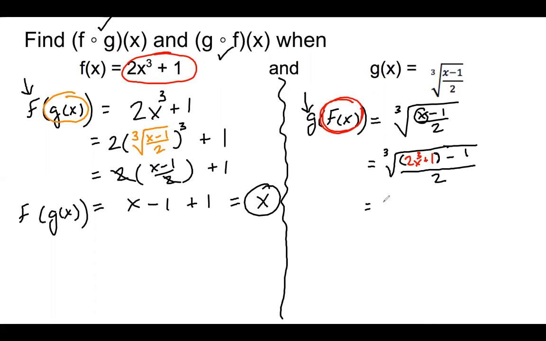So we have the cube root of, now you got to do everything inside this cube root first. So we've got 2x cubed plus 1 minus 1. The plus 1 minus 1 canceled, they offset to 0. So we have 2x cubed over 2. So now we have 2 on top, 2 on the bottom. Those divide out.